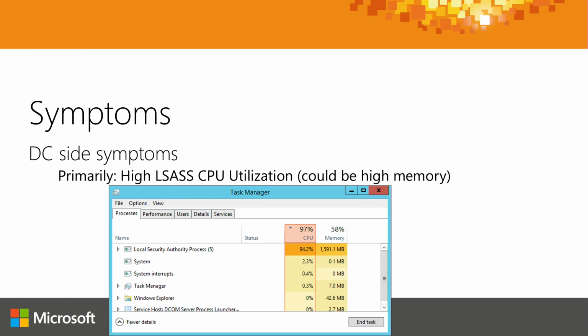I won't focus on memory in this talk, but I do want to let you know that in 2012 R2, we made a trade-off in how we do things. We'll tend to not run hot on LSASS CPU. We'll tend to favor using more memory.